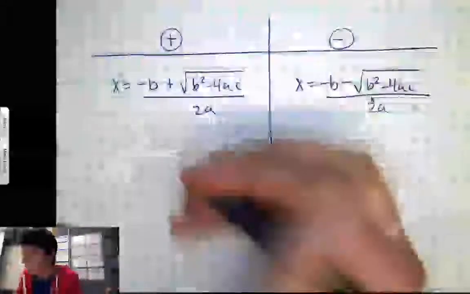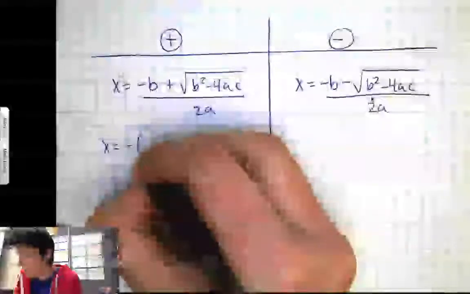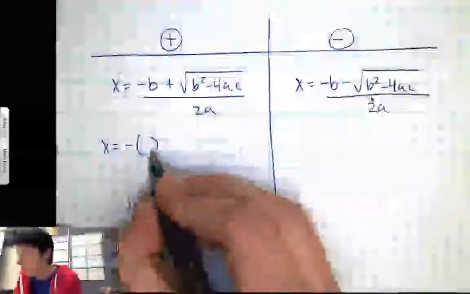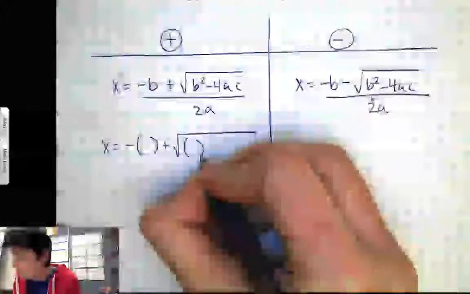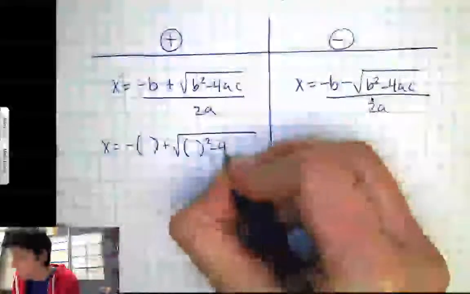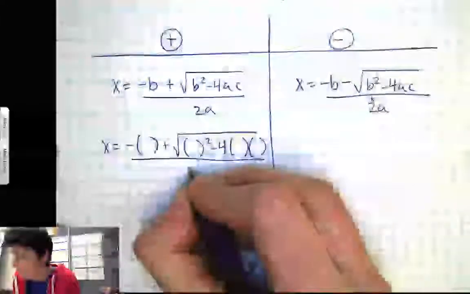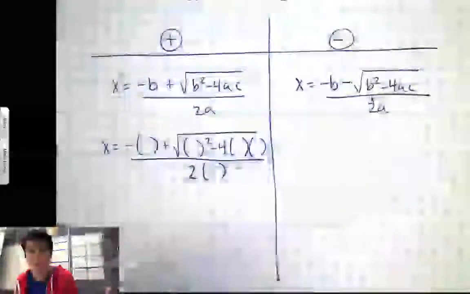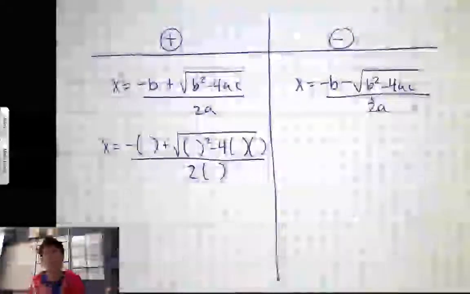So let's put in x equals negative b, so I'm going to turn that into a blank parenthesis, negative parenthesis, plus square root b squared, so parenthesis squared, minus 4ac, 4 parenthesis parenthesis, all divided by 2a, so 2 parentheses. And then I'm just going to go in and basically plug in those values.